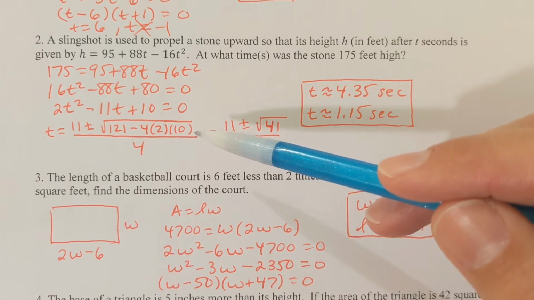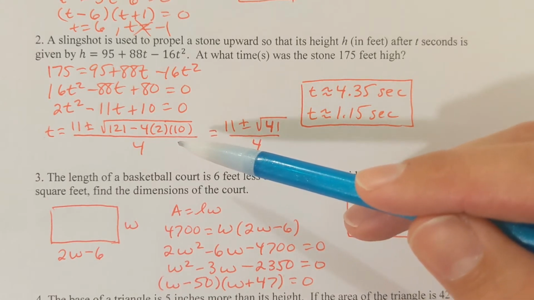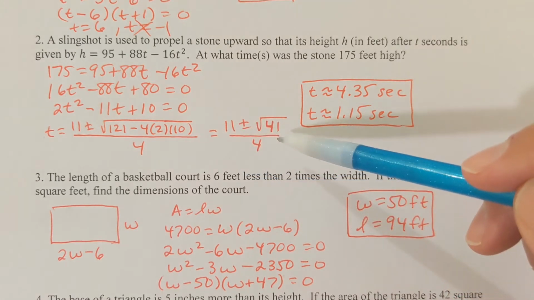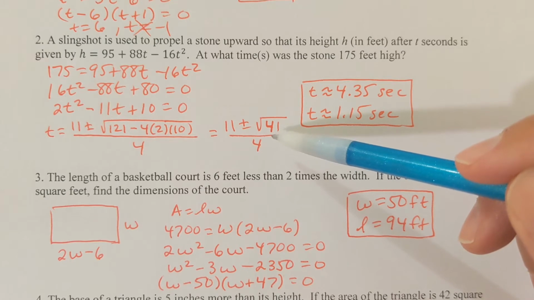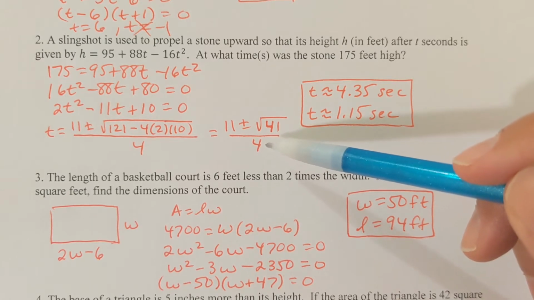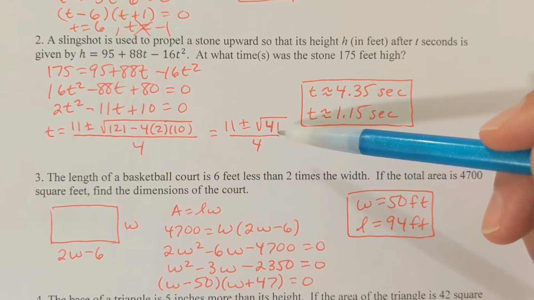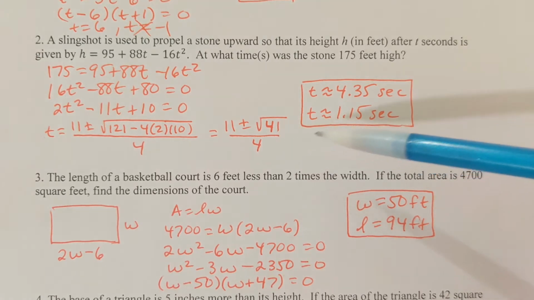And so I subtract 80 from 121, I get 41. Square root of 41 doesn't break down nicely for us. 11 plus or minus the square root of 41 all over 4.